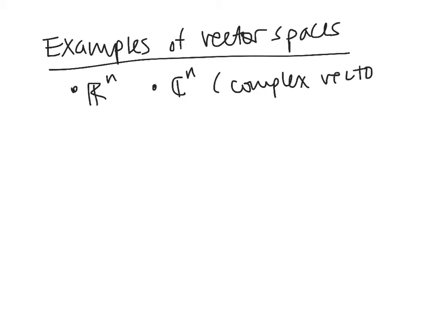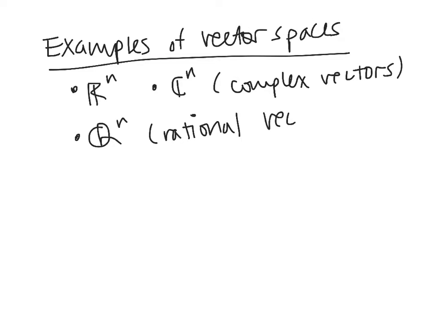These are just vectors where their terms are complex numbers. You could have rational vectors. Those are vectors where the entries are rational numbers. And there are more interesting examples too.